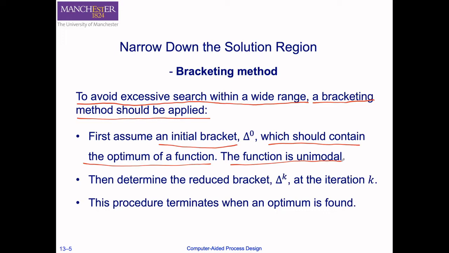Based on the function values of those trial points, we can determine the reduced bracket. In this reduced bracket, we also use the general procedure to scan the variable space in this reduced interval and identify another acceptable reduced bracket. We continue until an optimum is found.